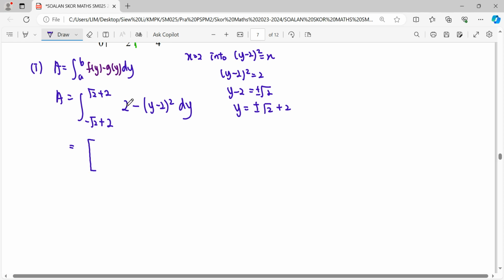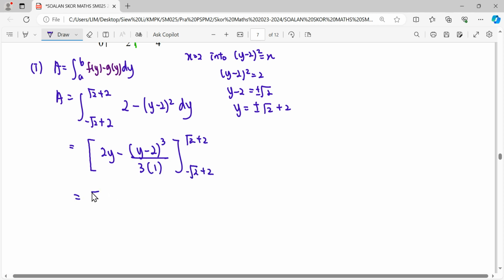Integrating 2 with respect to y gives 2y. For (y − 2)², a bracket with y linear, we use power plus 1 over new power, and the coefficient of y is 1. Upper limit √2 + 2, lower limit −√2 + 2.